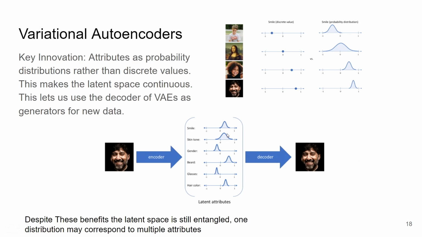When we say parameterize, we mean what two numbers can we describe this curve with? The first number is, where is this curve on the x-axis? What is the position of that curve? That is called the mean. And the second thing is, how wide is this curve?